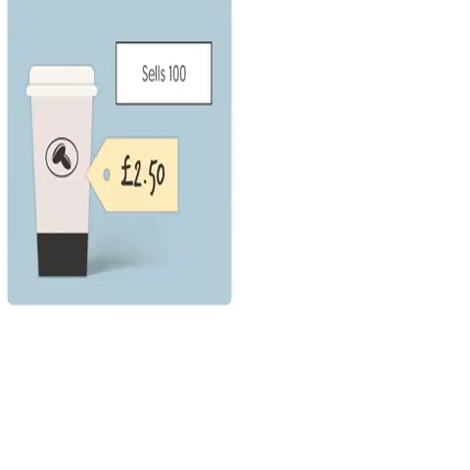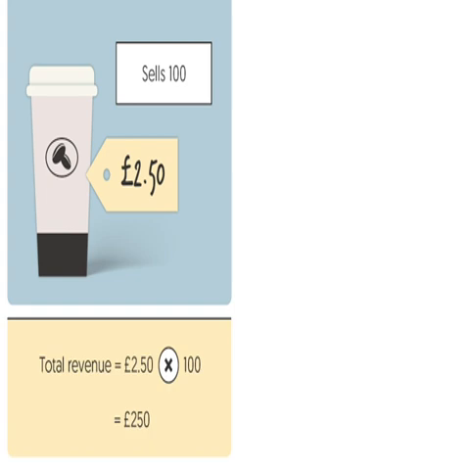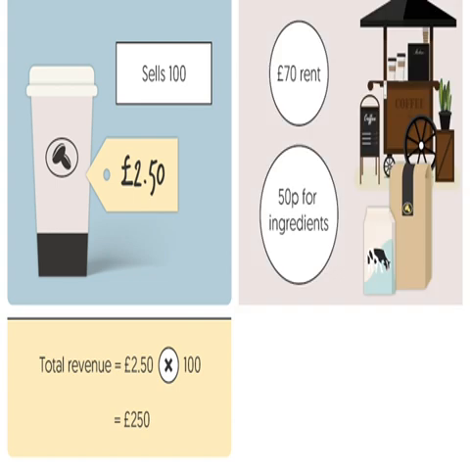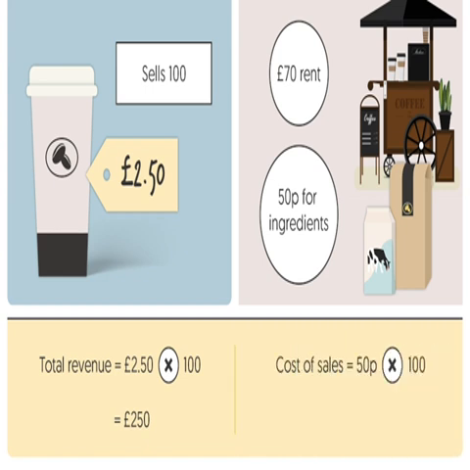Let's look at an example. If your coffee shop sells 100 coffees at £2.50, the total revenue is £2.50 times 100, which is £250. You spend 50p per coffee on the ingredients and £70 renting the stall. This means the cost of sales is 50p multiplied by 100, so £50.